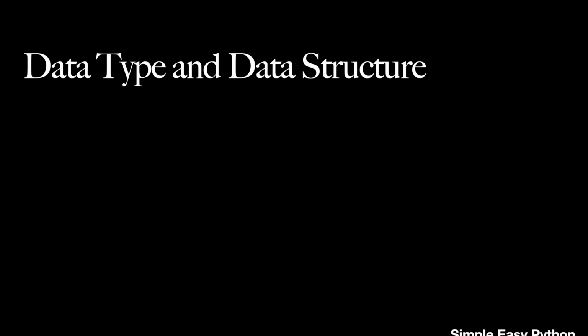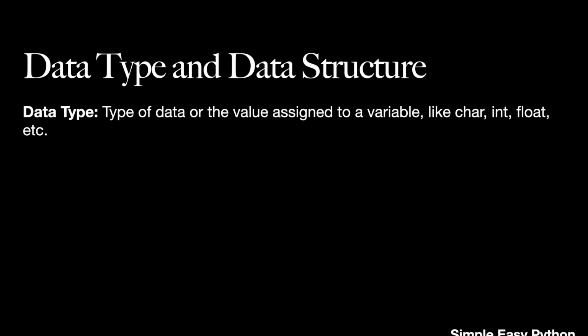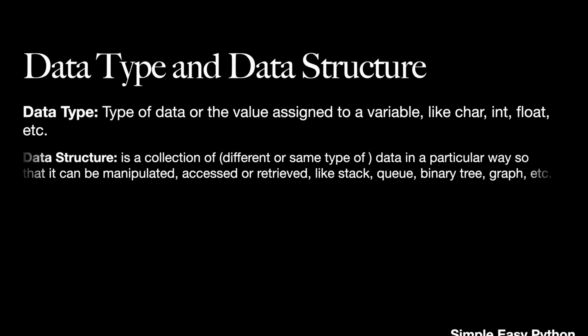Data type and data structure. Let us first start with the definition. What is a data type? Data type is a type of data or the value assigned to a variable. Some examples are char, int, float, etc. On the other hand, a data structure is a collection of maybe the same type of data or different types of data, depending upon the language and the data structure that is being used.